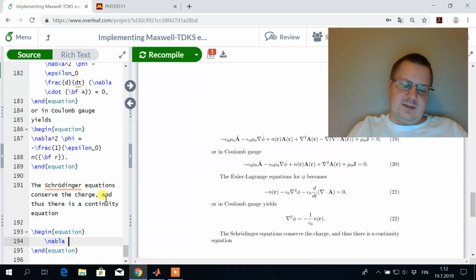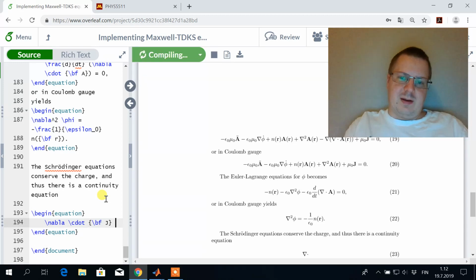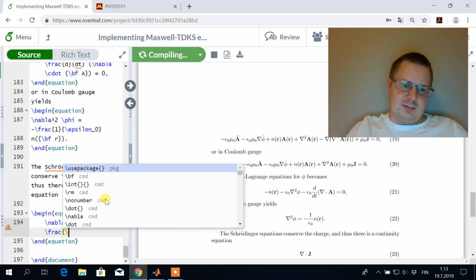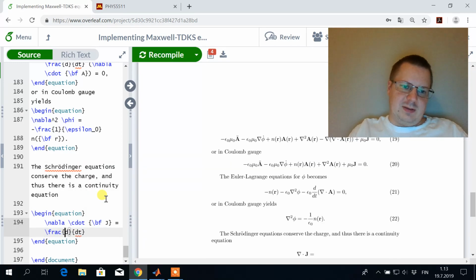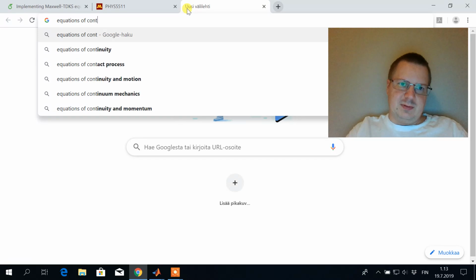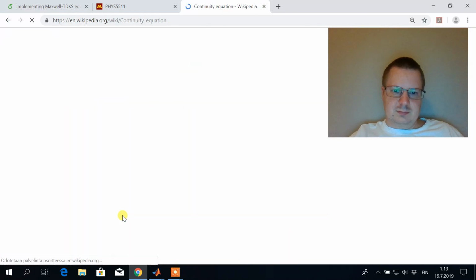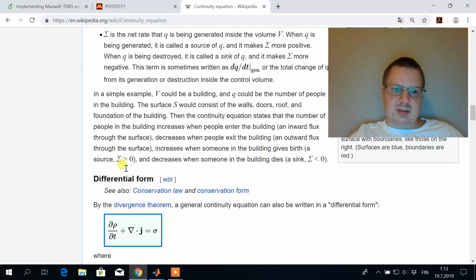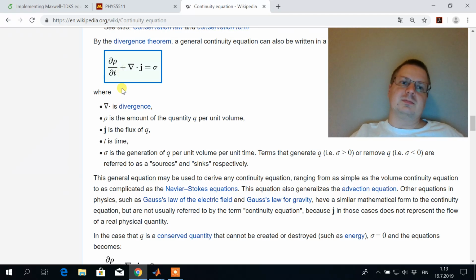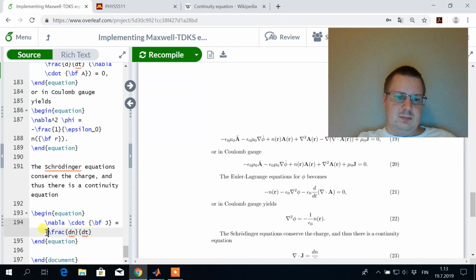So we have the divergence of the current. It might be better to derive the current from the minimal coupling. So this should equal the time derivative of the density. So the equation of continuity. So yeah, it's like so.